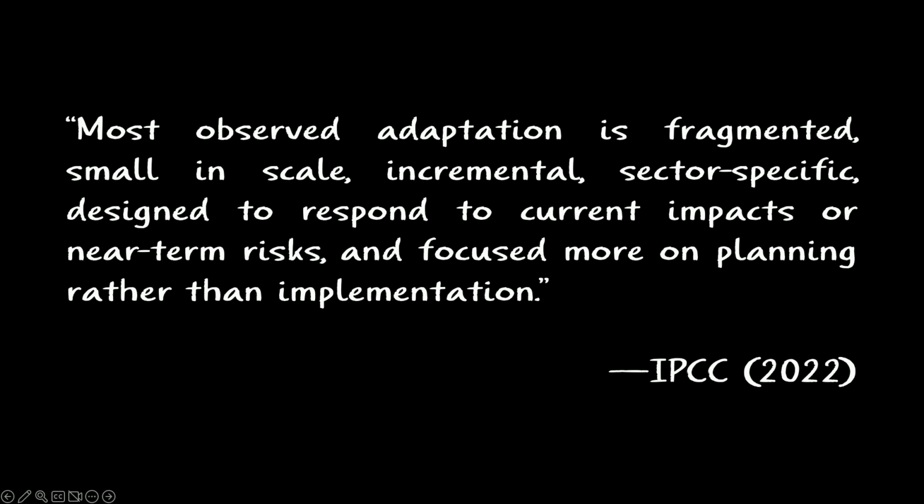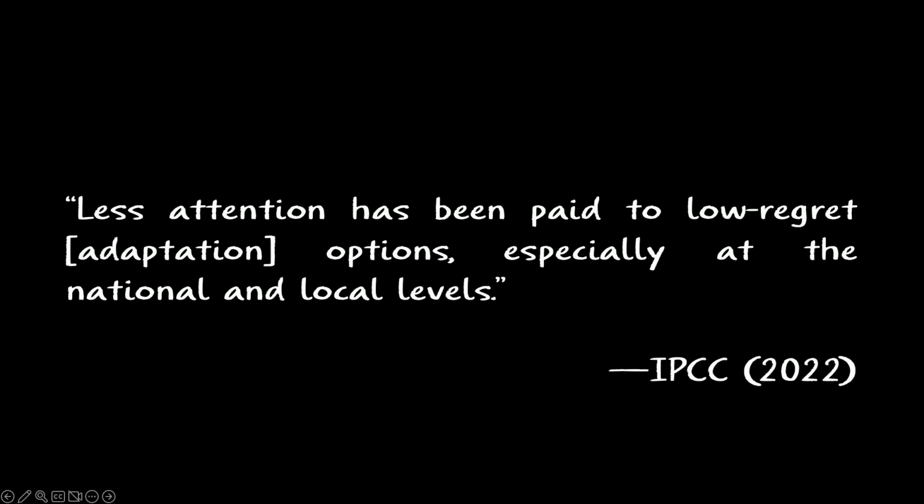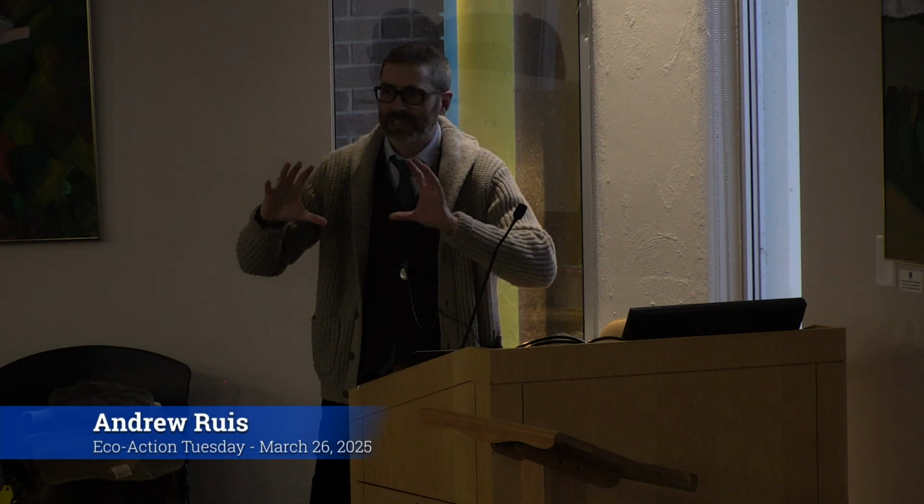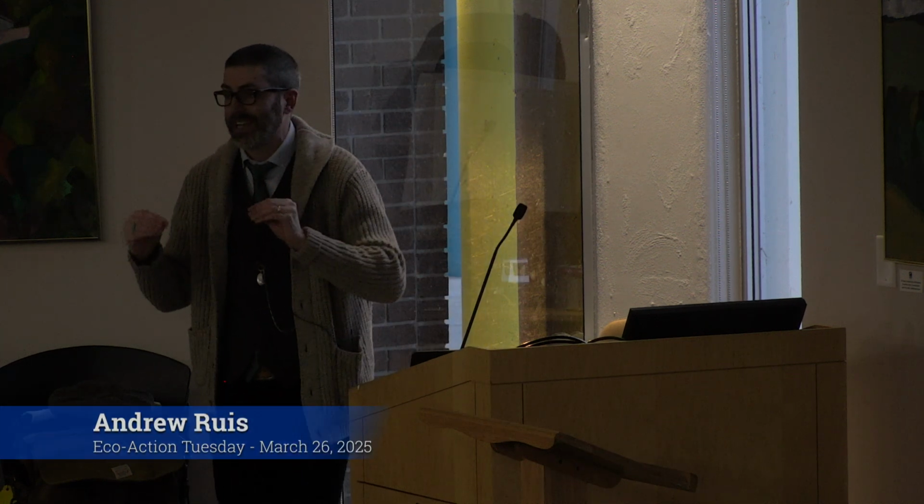The other thing, again, as I point out, is that it's very hard to analyze what isn't there in any kind of systematic way. And that same report has pointed out that less attention has been paid to low regret adaptation options, especially at national and local levels, right? The other thing that we often see in adaptation plans is these sweeping structural things that need to happen, and they're not being presented from the perspective of what it's going to take to actually get them implemented.